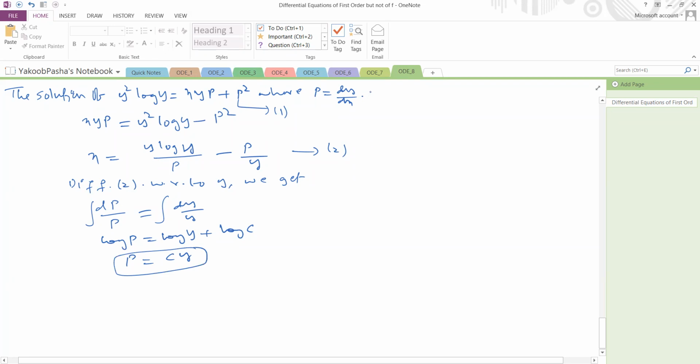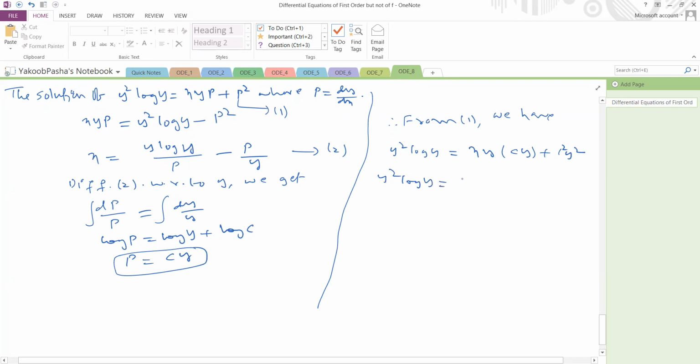Therefore, from equation 1 we have y square log y is equal to xy into cy plus c square y square. So we can take y square common: y square log y is equal to y square times cx plus c square, and y square will be cancelled. So log y is equal to cx plus c square is the solution.